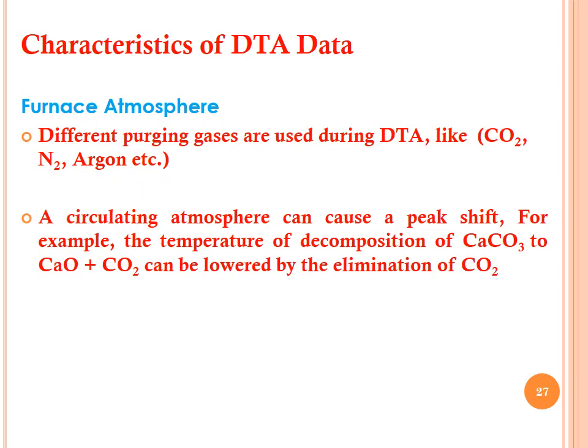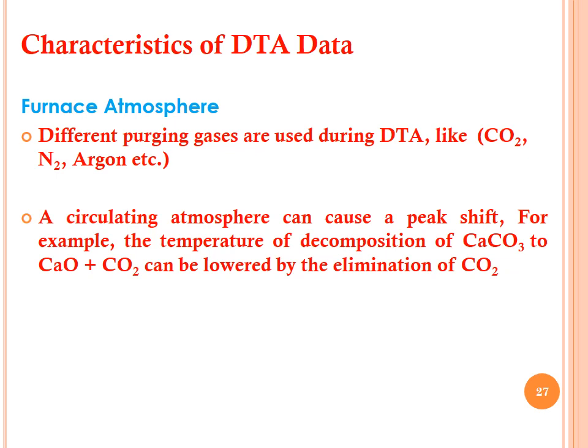First of all, we discuss the furnace atmosphere. Different purging gases are used during DTA, like carbon dioxide, nitrogen, argon, etc., as we see in the instrumentation of DTA, where there are purging 1, purging 2 and protective gases.